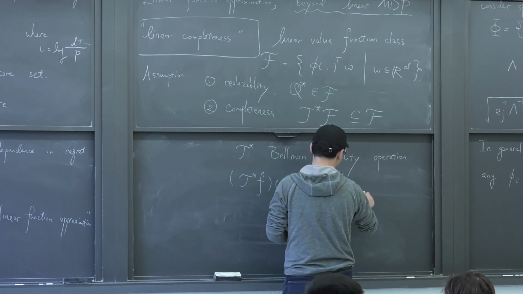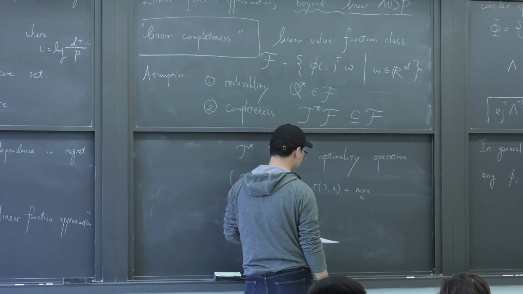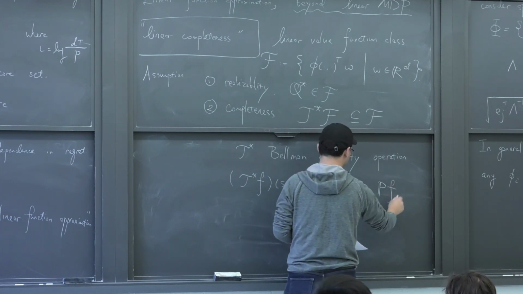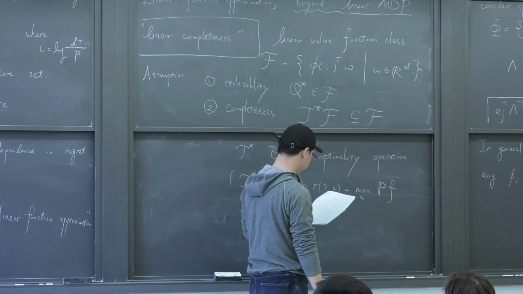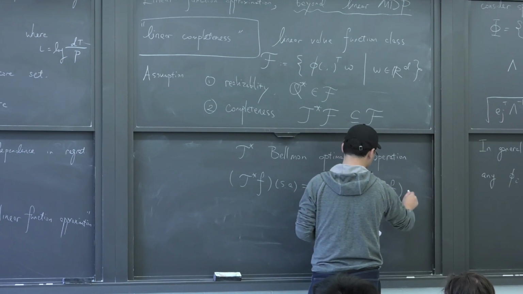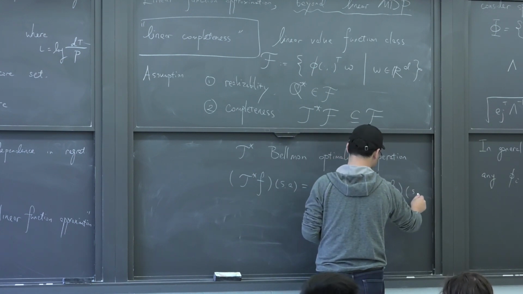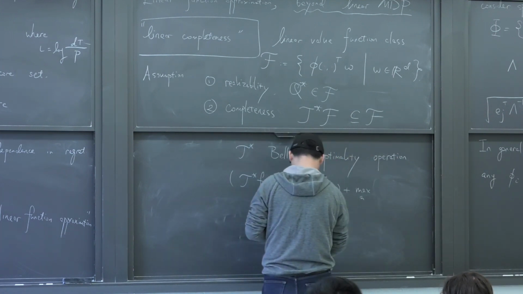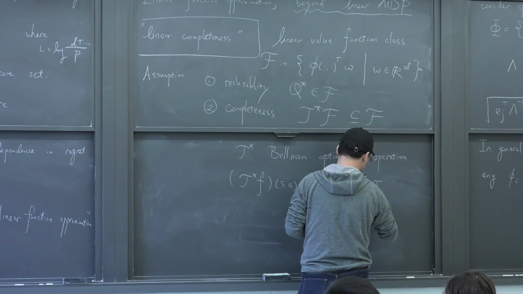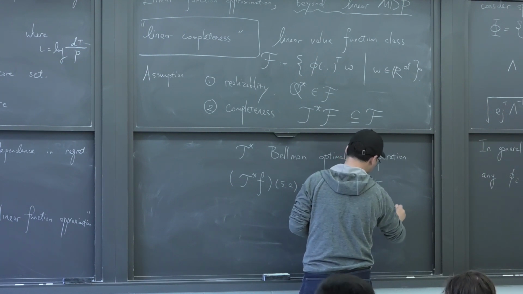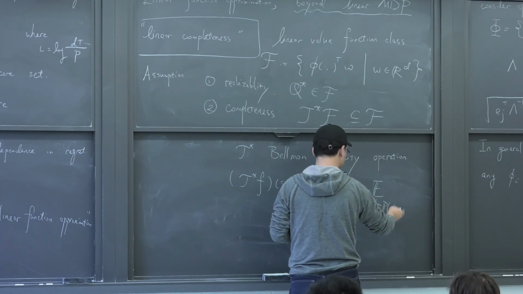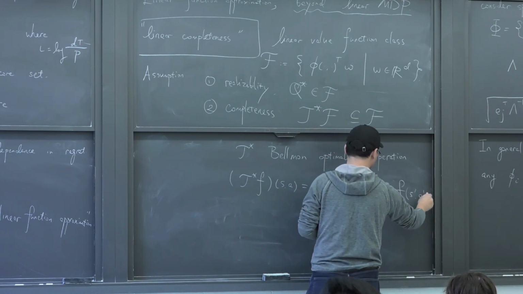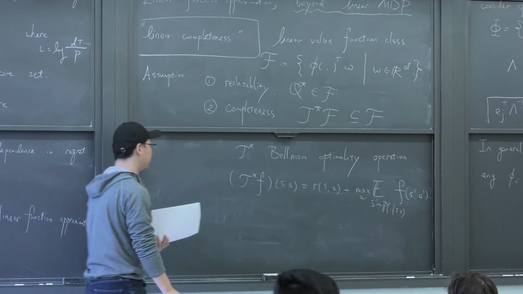plus max over a, the transition applied to f(s', a'). Okay, it's just the Bellman update.